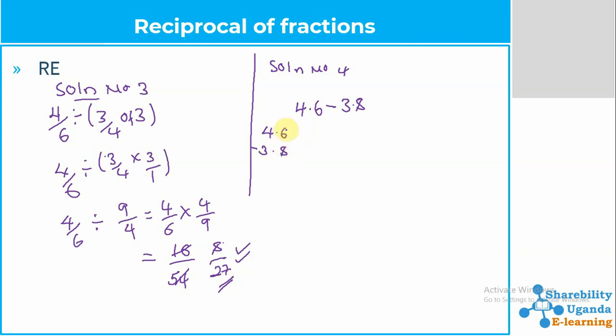Okay, so what do we get here? 4.6 minus 3.8. Okay, 0.8.